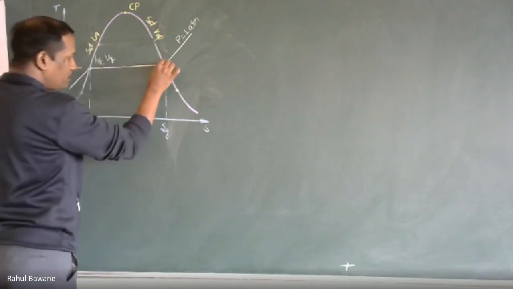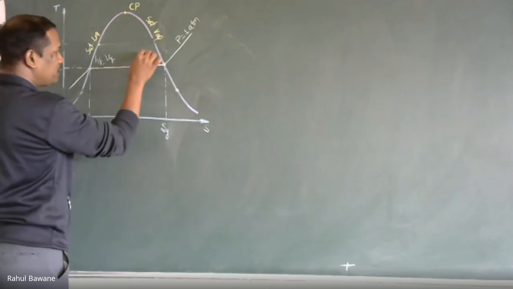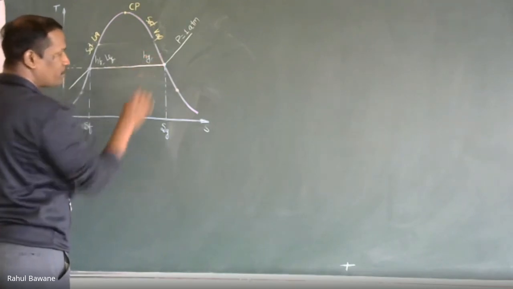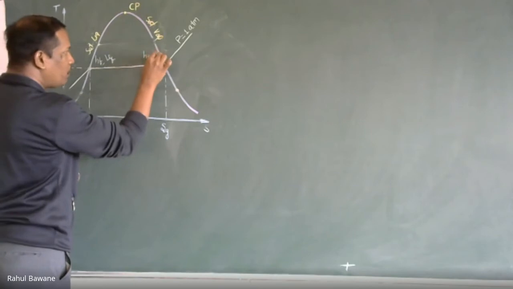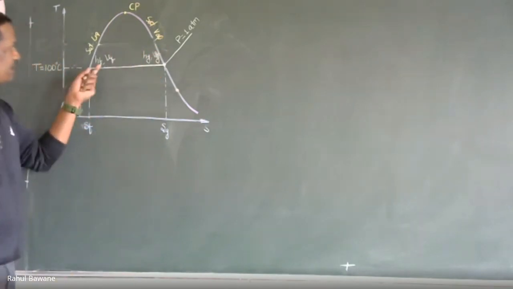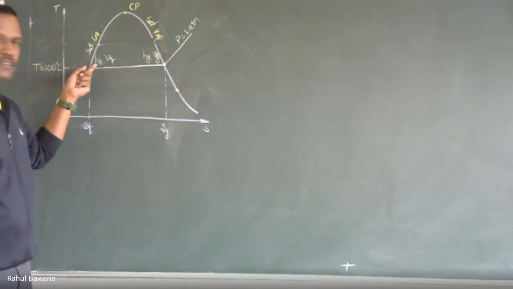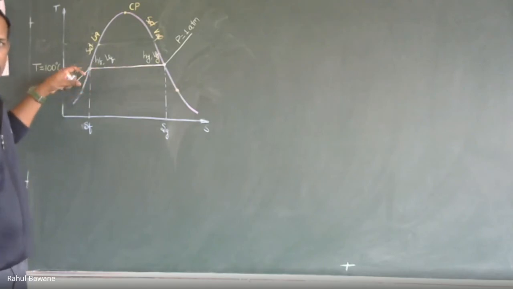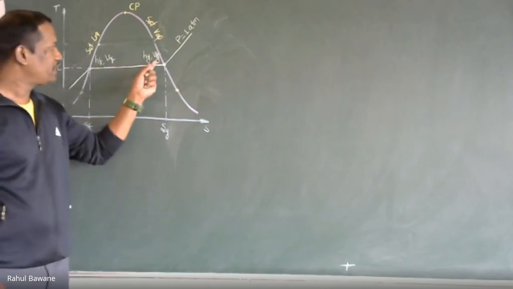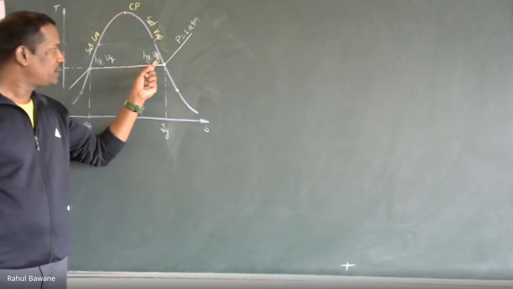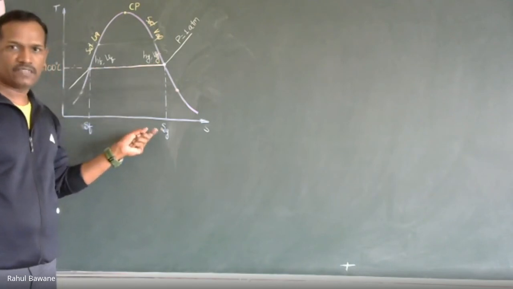At this point, I can write specific enthalpy of gas, specific volume of gas. So whenever there is suffix f, it is for fluid, that means liquid form. Whenever there is suffix g, then it is for gas, that means vapor form.